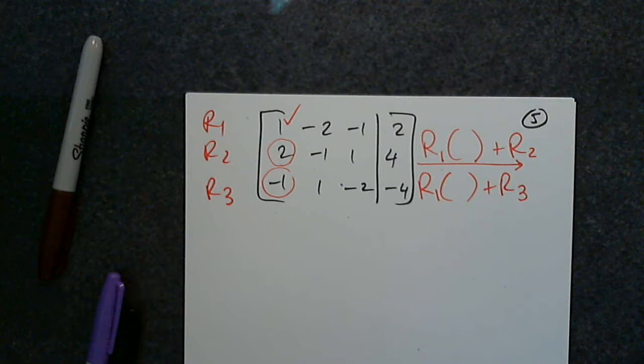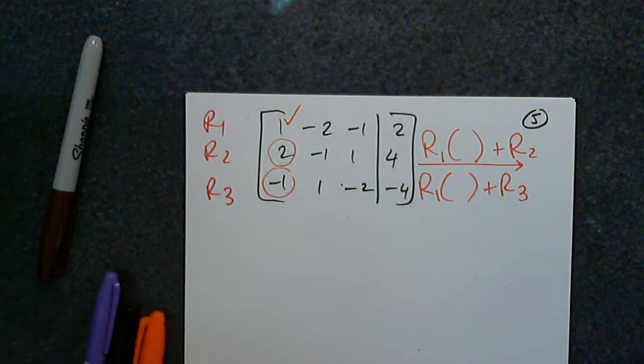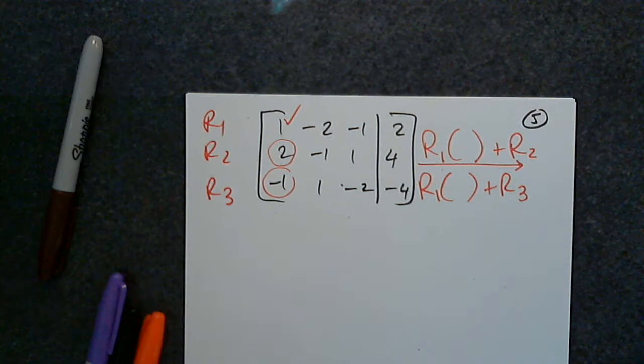I obviously have to use the first row multiplied by, you tell me, what to eliminate this. And then I multiply the first row by what, you tell me, to eliminate this. So what will I multiply by to eliminate the 2? By? If I multiply by 2, I will not eliminate the 2.